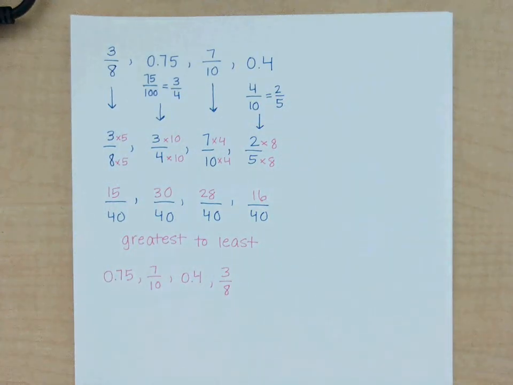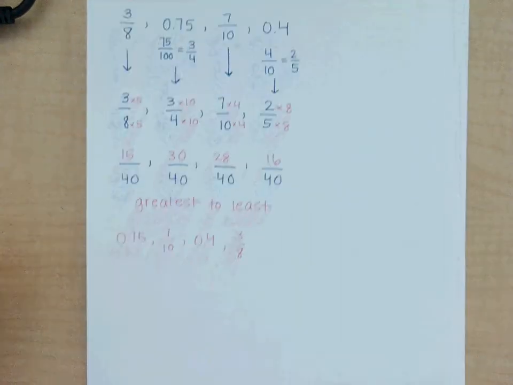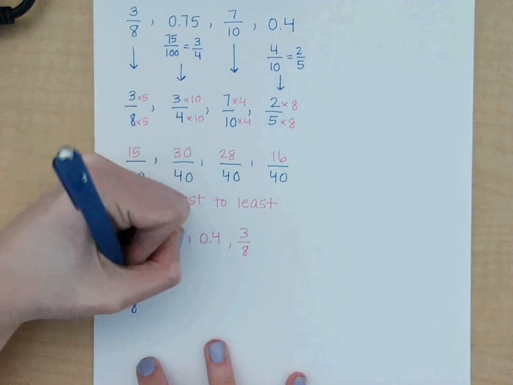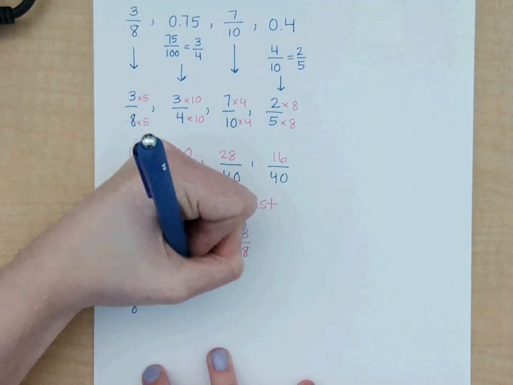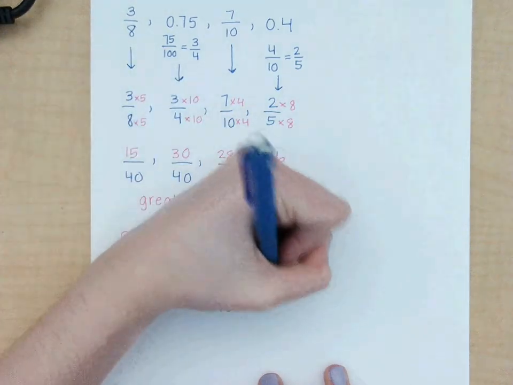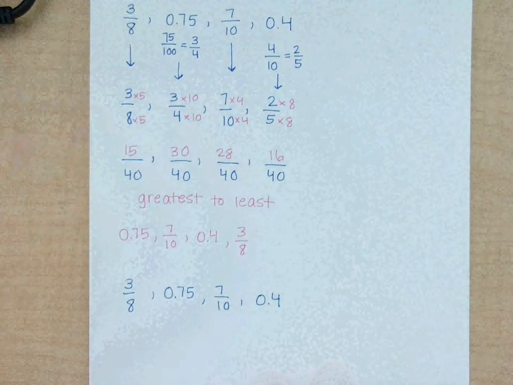Now really quickly, I'm going to show you how we can change them to all decimals. I'm not going to order them again because we get the same thing. But if you prefer to do it the other way, I'm going to show you that. So same numbers. I'm going to have 3/8, 75/100, 7/10, 4/10.